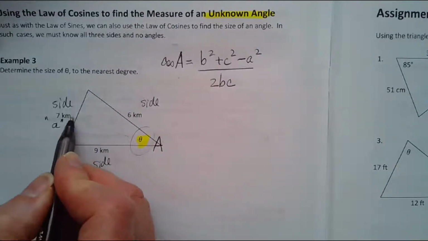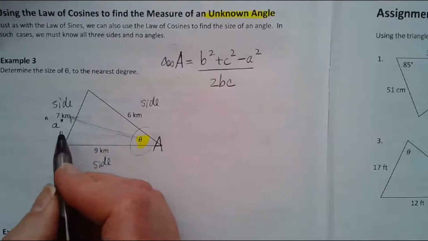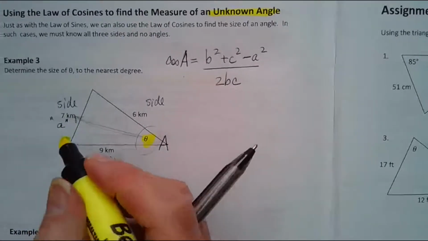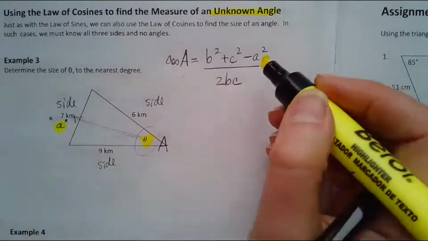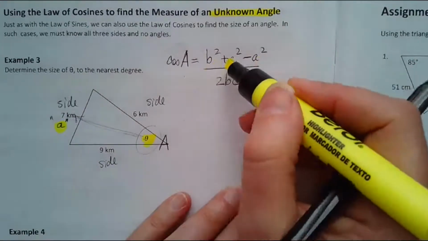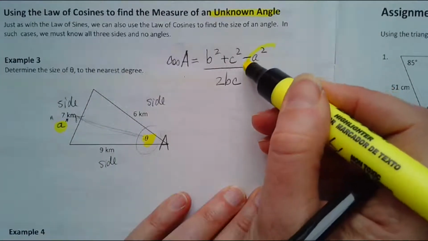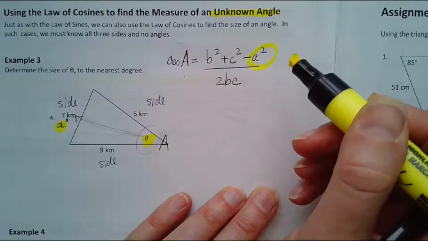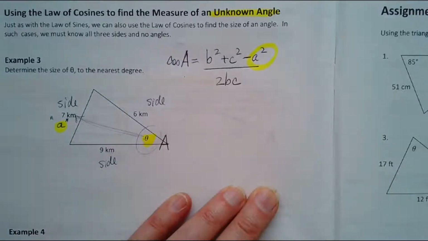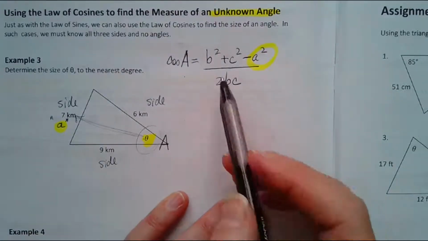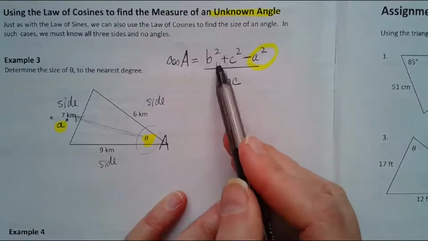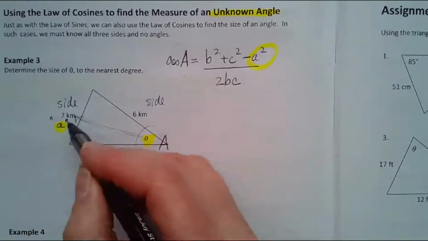Whatever angle you're solving, this would be the side associated with it, right? Now it makes a difference who you identify A as, because you'll notice in the formula, B and C are added, only A is subtracted, right? Only A occurs here. So it doesn't matter, once again, who you call B and C, they're just being added together, but it matters that you can identify where A is.